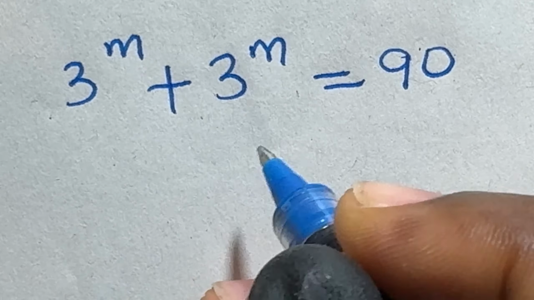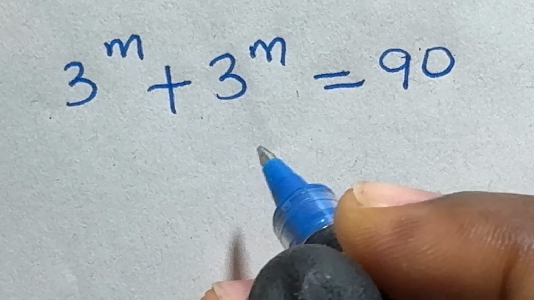This should give us 45. 3 raised to power 2 is 9. Then times, because we have 3 raised to power log 5 base 3, the result of this expression is simply 5.